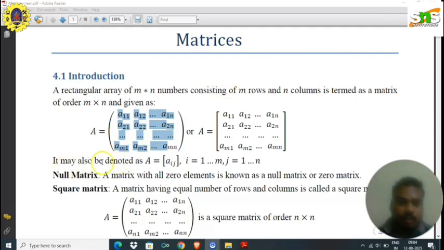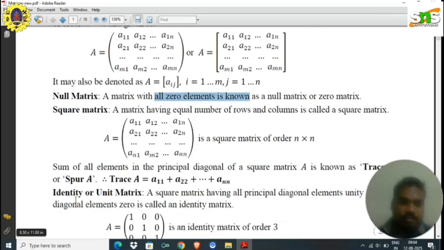In a similar way, we describe the second row first element, second row second element, and so on. Similarly, we describe the mth row: Am1, Am2, and the mth row nth column element is Amn. So the capital letter describes the set, that is the matrix, and the small letters describe the elements.